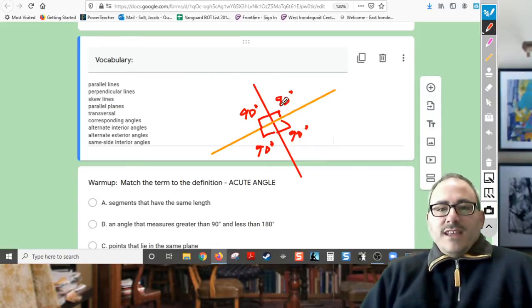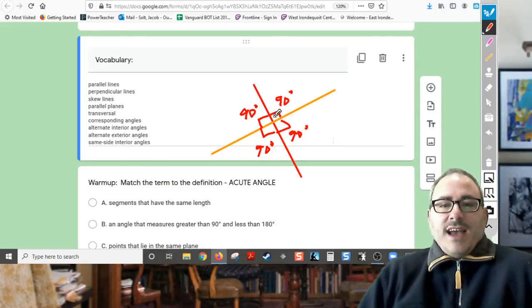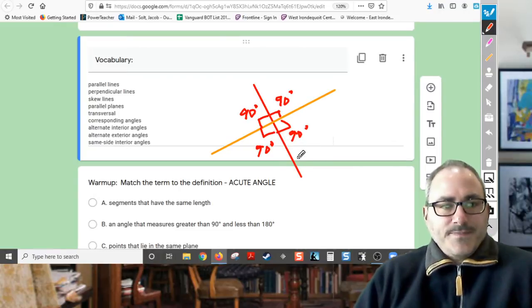So no matter what, these two have to add up to 180, and these two have to add up to 180. If one of these angles is 90, you know that all of these angles are 90, because you can keep bouncing back and forth, knowing that whenever two lines intersect, the two angles on either side of the line together have to add up to 180, because a straight line has a total angle measure of 180 degrees.